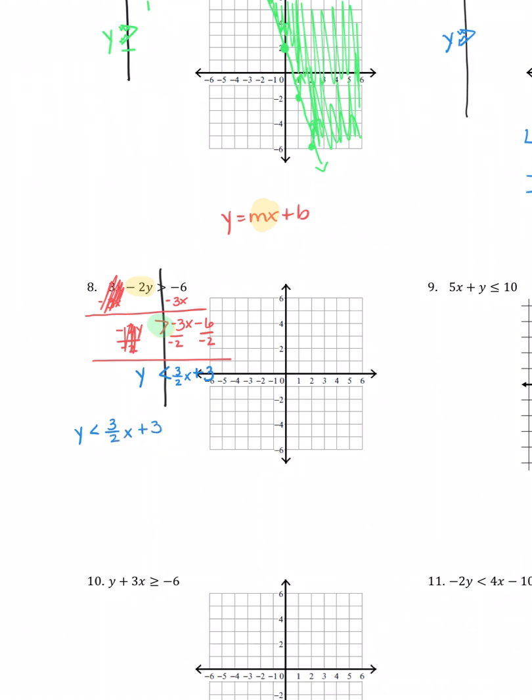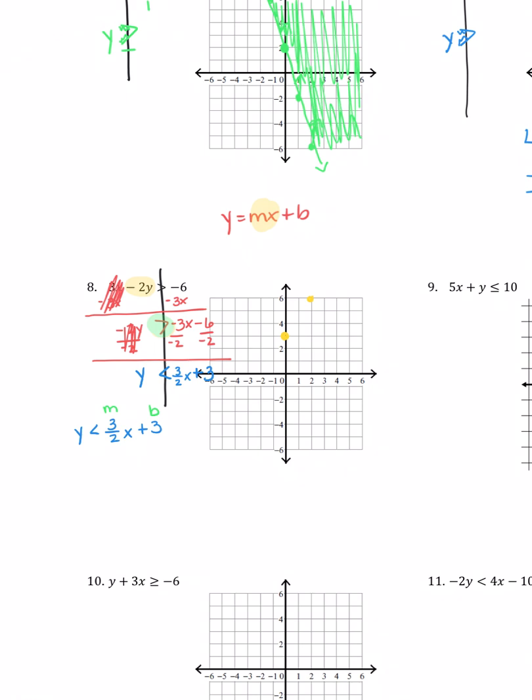So we can see that one a little bit better. This is my m, and this is my b. So I'm going to start at that positive 3 on my graph. Here's my graph. I'm going to start at positive 3. My m says I'm going to go up 3 to the right 2. So from here, 1, 2, 3, to the right 2.